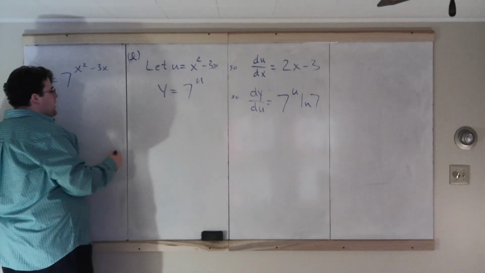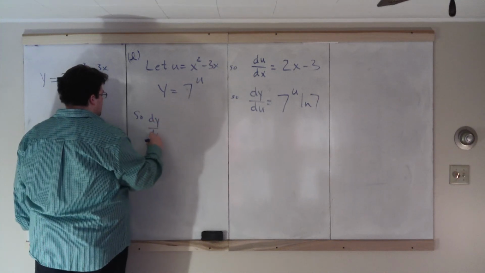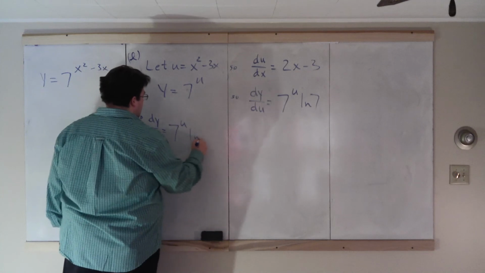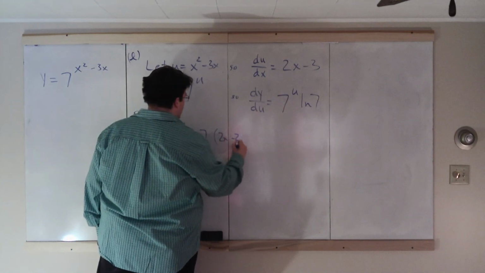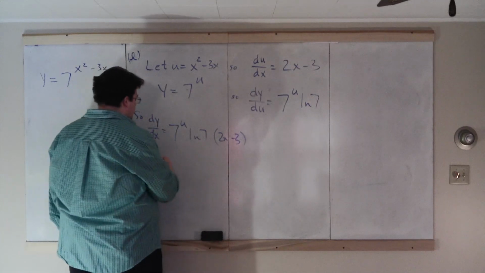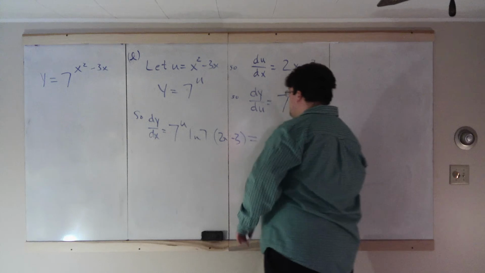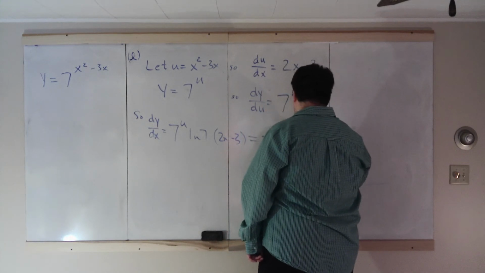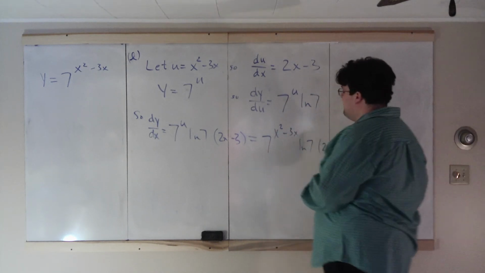Well, now, dy dx just combines those two with multiplication. So we have 7 to the u log 7 times 2x minus 3. And we just want to get rid of that u now. So u is x squared minus 3x, so 7 to the x squared minus 3x log 7 times 2x minus 3.